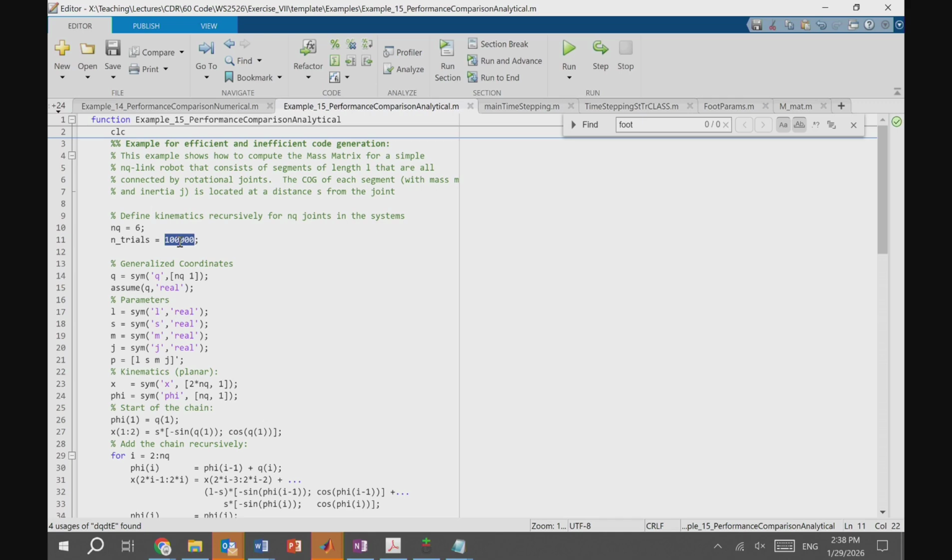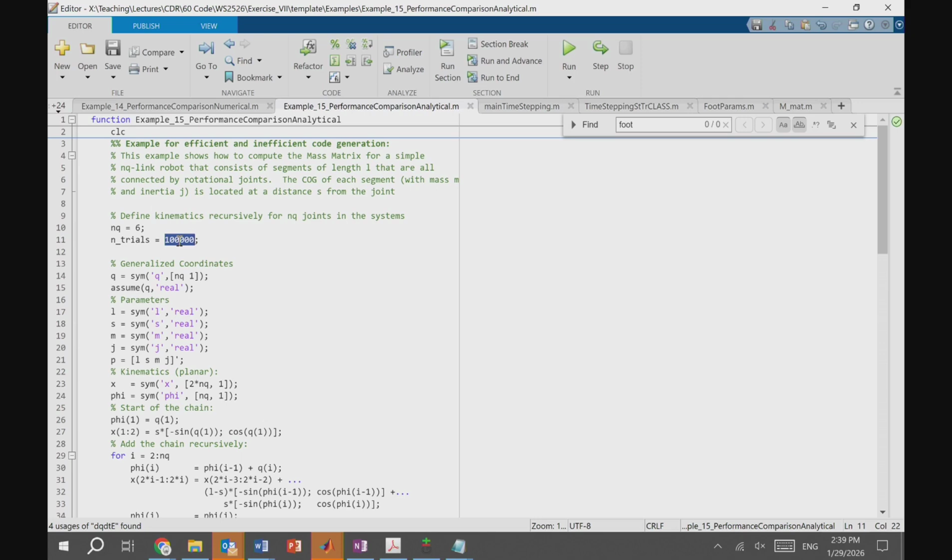Okay, I'm a roboticist. Is that a lot for a roboticist, 100,000 evaluations? If this is a controller that runs at a kilohertz, this is a minute and a half of your controller's life, right?